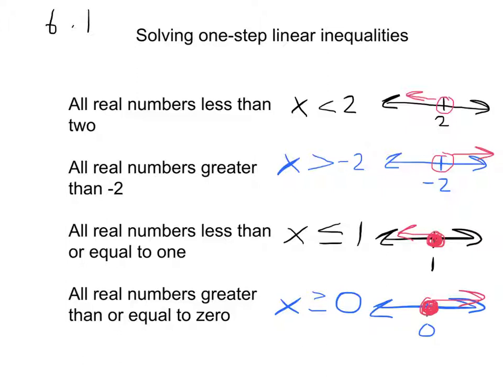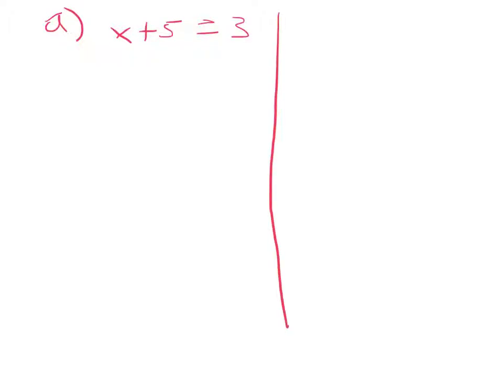So we're going to do some manipulations with inequalities. Now remember all your rules from equals, and they transfer to inequality. So let's look at our first example, A. X plus 5 is greater than or equal to 3. Now on the side here, I'm going to do the equation x plus 5 equals 3.